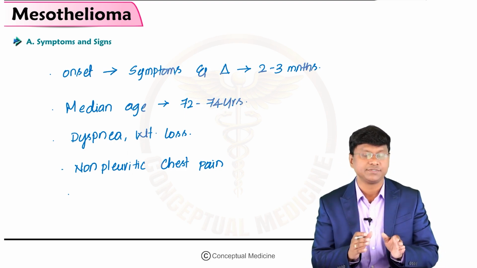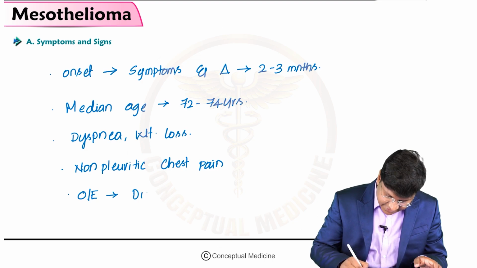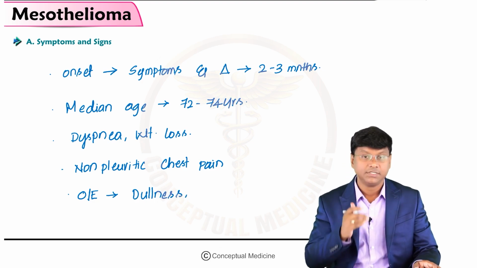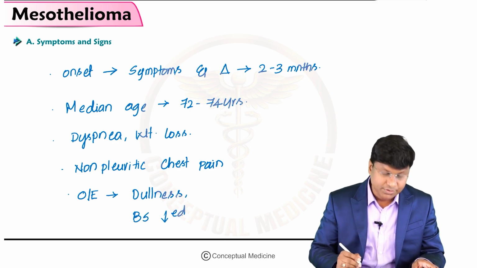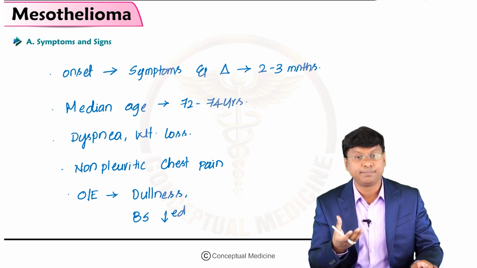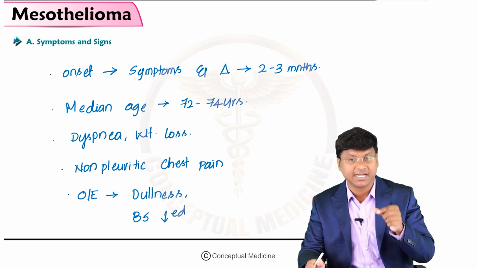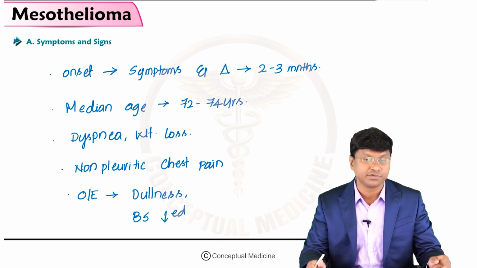On examination, in patients with mesothelioma, you will have dullness on percussion, and the breath sounds are reduced. Why are the breath sounds reduced? Because mesothelioma is a tumor of the pleura. This thickened or abnormal pleura will not allow adequate breath sounds to be transmitted to the surface of the chest wall.